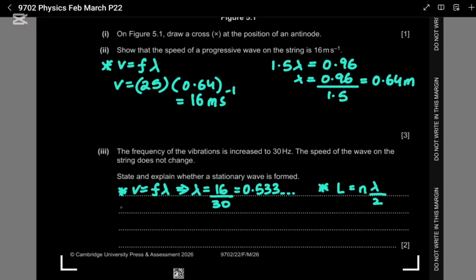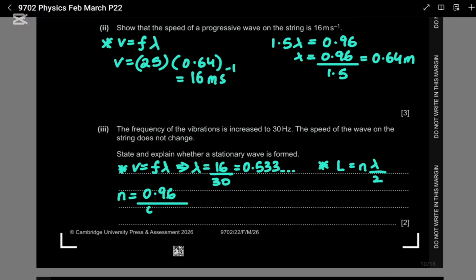It's going to be half wavelength. So directly we could just find n also. So n is equal to L, which is 0.96 over lambda over 2, which is going to be 0.533 over 2, and this gives me an answer of 3.6.